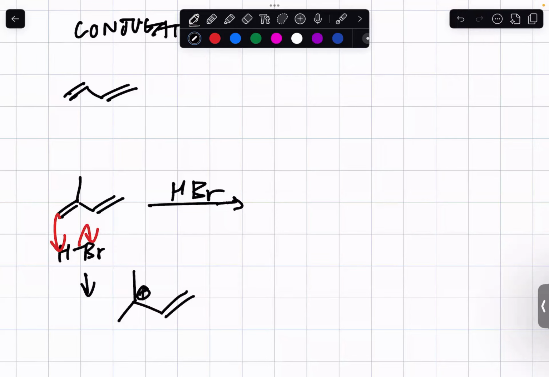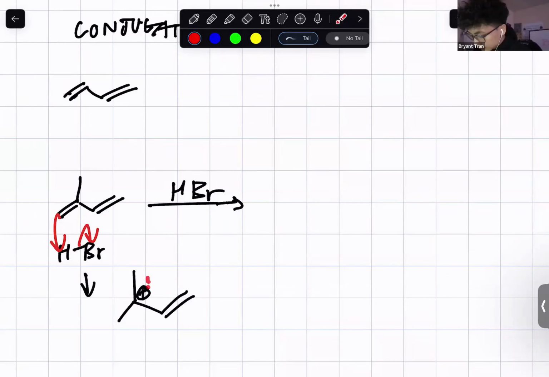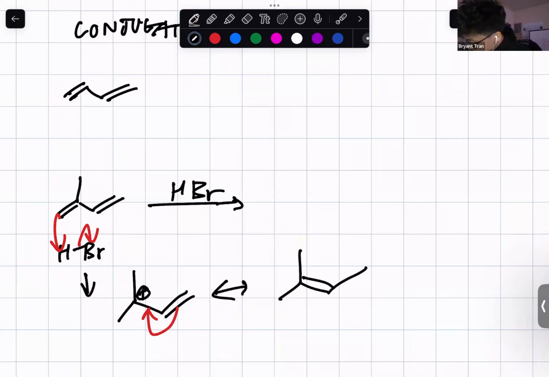This carbocation is a tertiary allylic carbocation. It's allylic because it's one carbon away from the alkene. I'm going to draw the resonance structure by shifting the double bond over, which gives me this carbocation. So that's the resonance set using the left alkene.